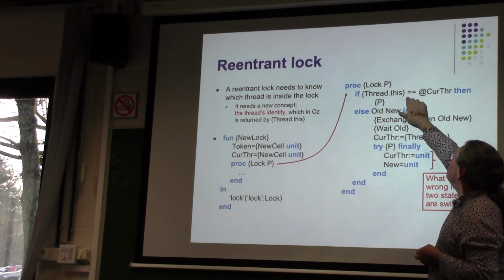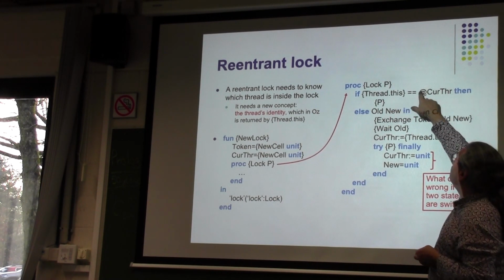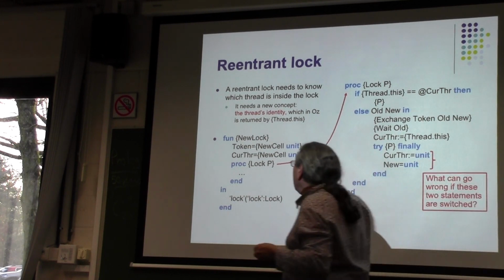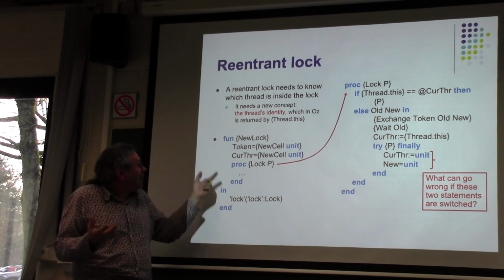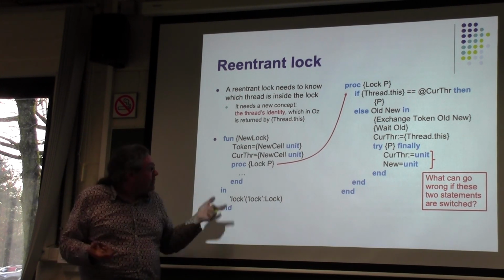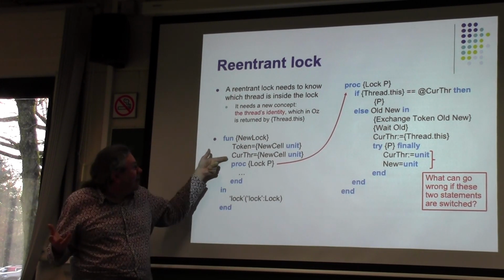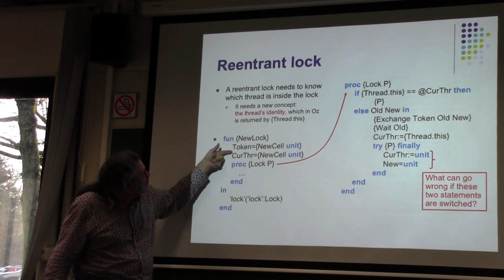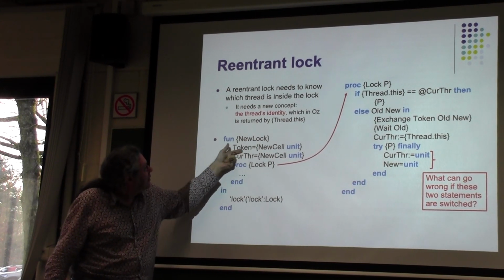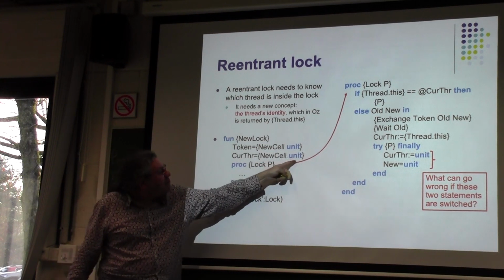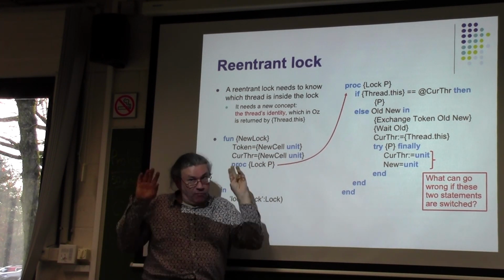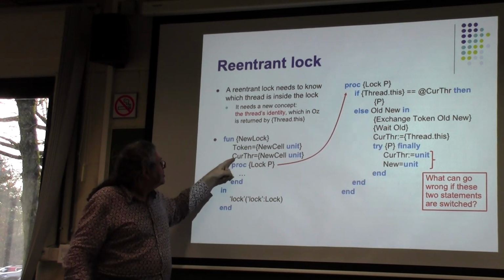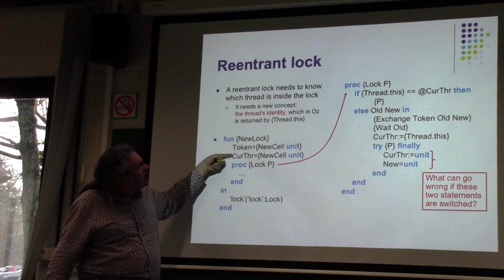If thread.this is equal to the content of current thread, so I need another cell. I have to store somewhere the name of the thread that's already in there. So this is a second cell called current thread. Unit means there's no thread, because unit is not the name of any thread. It's just some random constant. So it starts out that nobody is in.